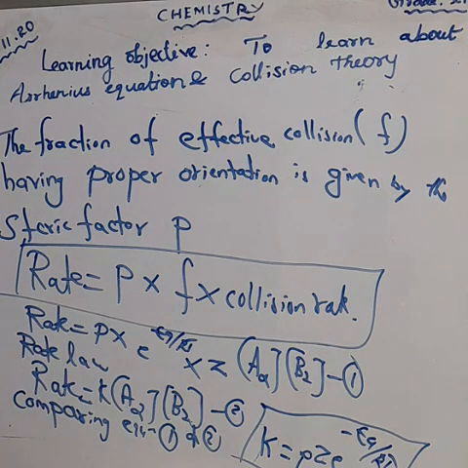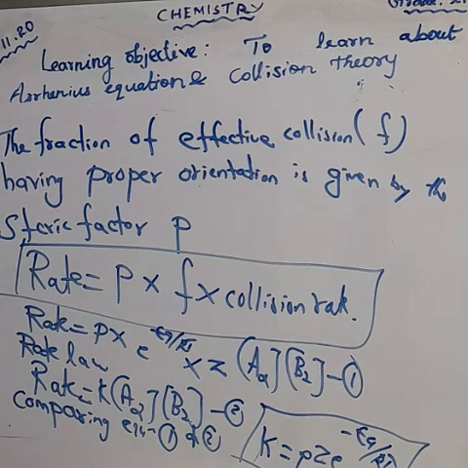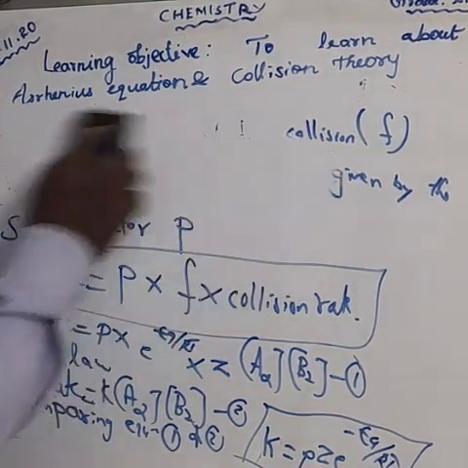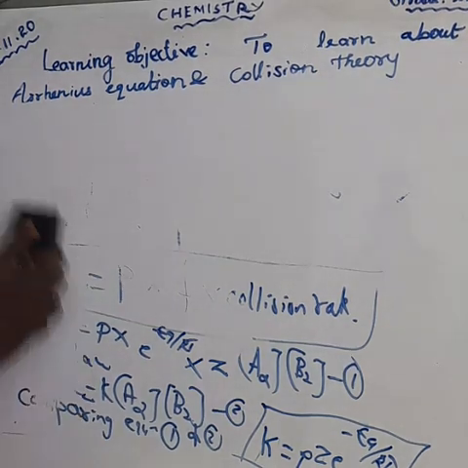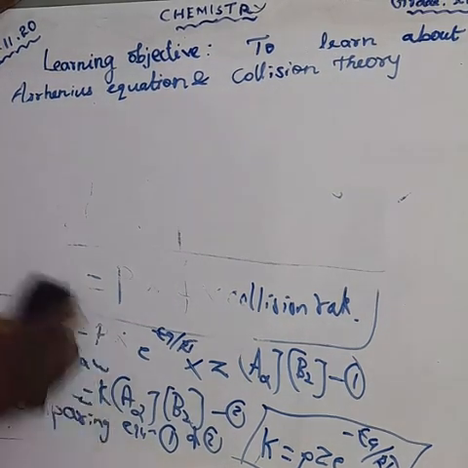Okay. Anyhow, in our today's portion, we learned the Arrhenius equation and also the collision theory. So I am giving only a small portion for the assignment. Try to learn this question. It's a very important question. Okay.